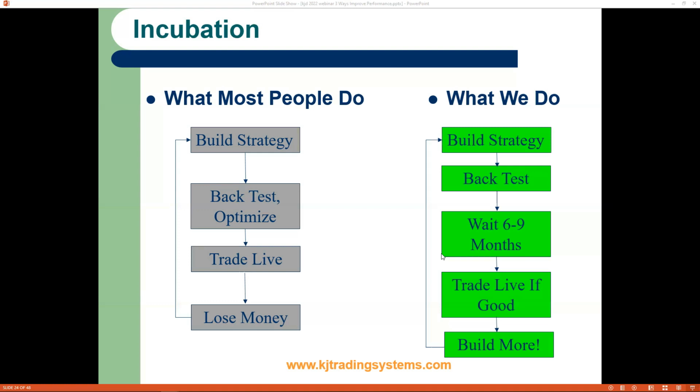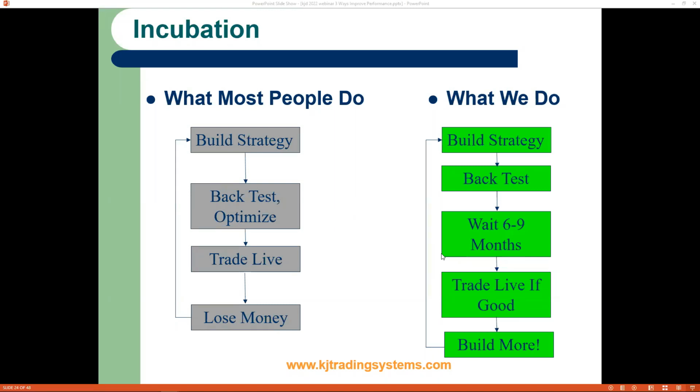I cannot overemphasize how important that is. I used to do what's on the left. Probably 90% of you do that. When you jump to what's on the right and you wait with your strategies, it opens up a whole new avenue for you, a whole set of new doors, because you're only going to trade the ones that have worked in real time.